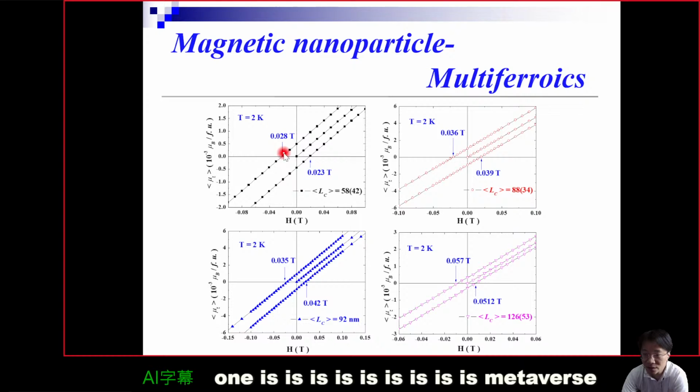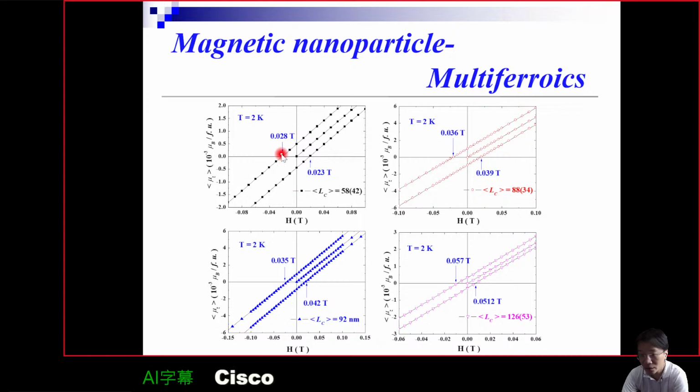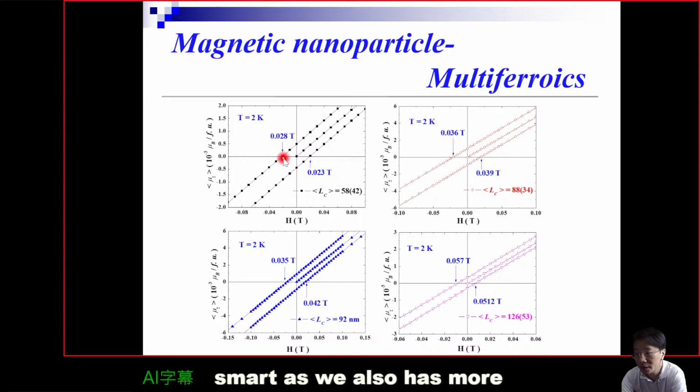The other thing is coercivity. Okay, let me finish this part and then take a break. Okay, so you can find that for the smaller size, we also have smaller coercivity here.